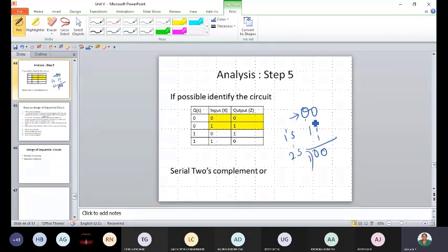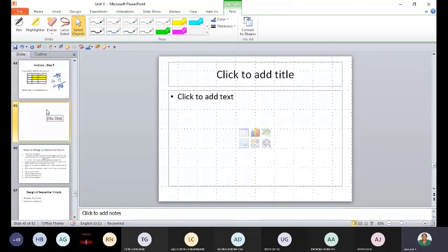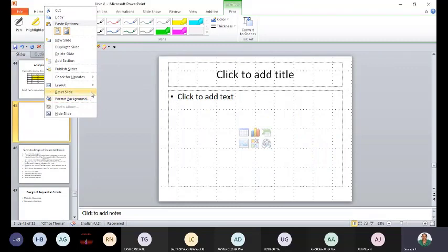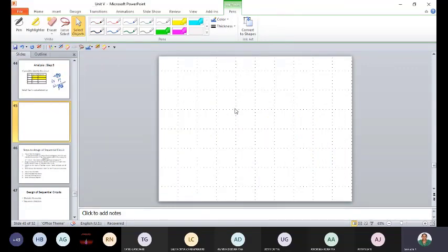So when my input is 0 and my output is 0, like that I can derive for the 4 combinations here. I can go ahead with the 4 combinations.